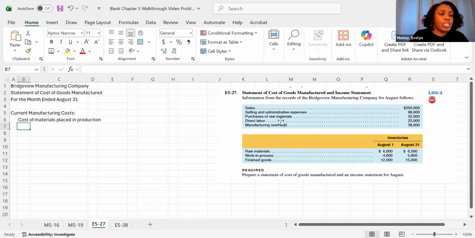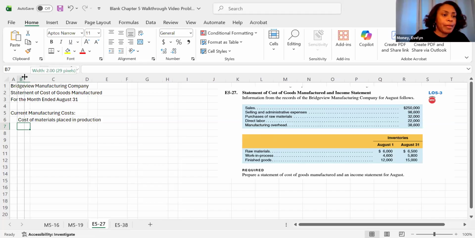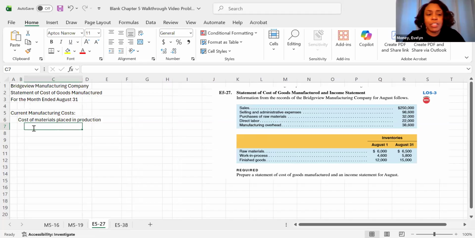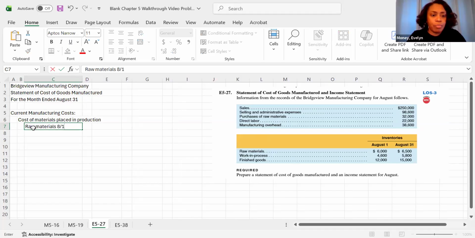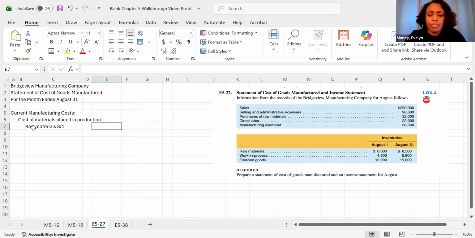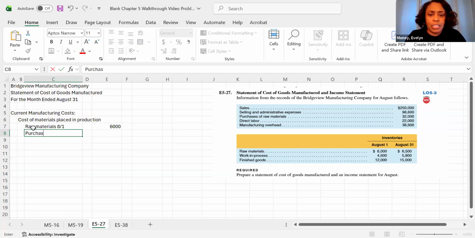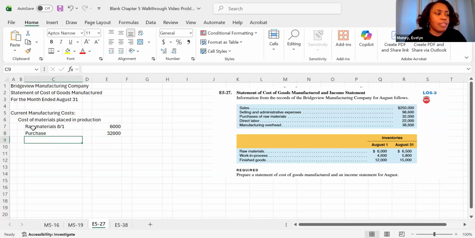So we are going to take beginning raw materials of 6,000, and we're going to add to that the raw materials purchases of 32,000, and that's going to give us the total available.